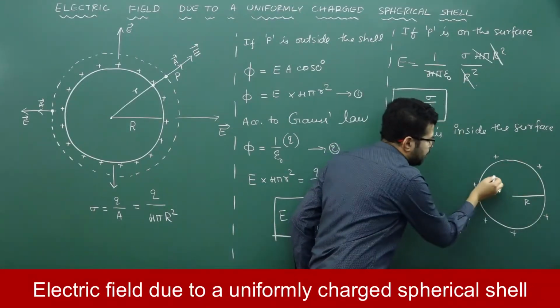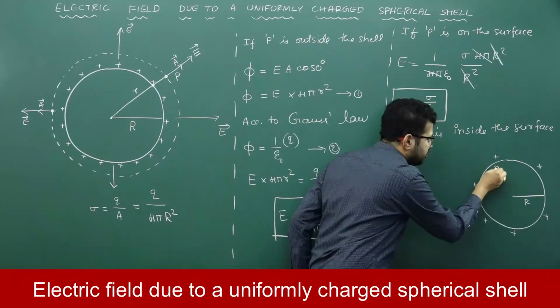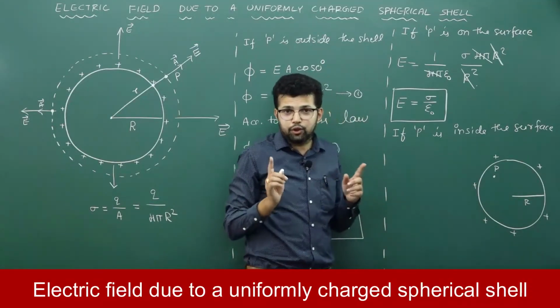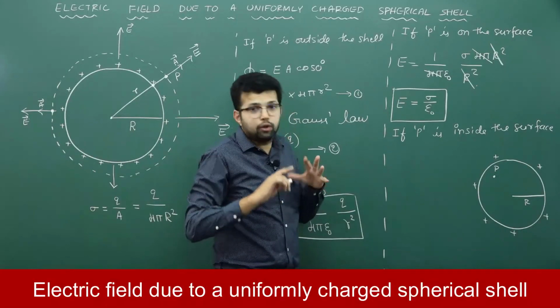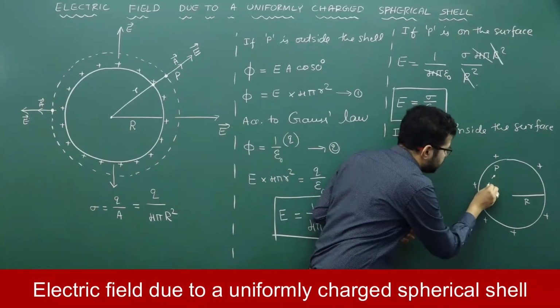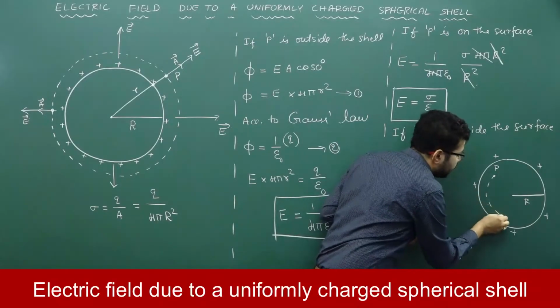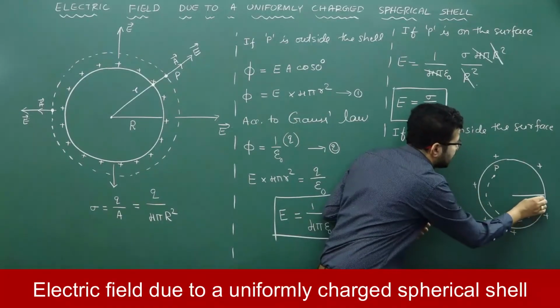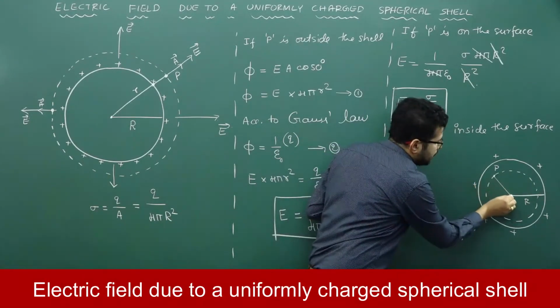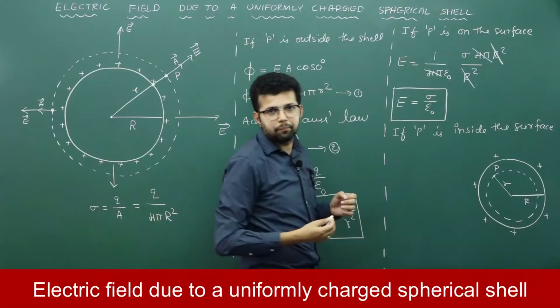If the point P is inside the spherical shell, then what happens? We know if we have to use Gauss law, we need to consider a closed surface, a Gaussian surface, such that the Gaussian surface passes through the point where we want to calculate the electric field. Now, this point P is at a distance of small r.